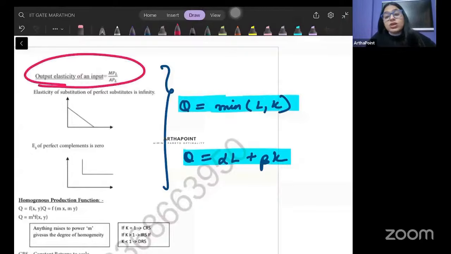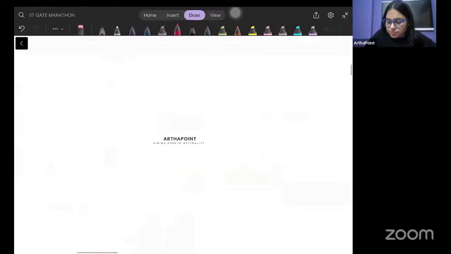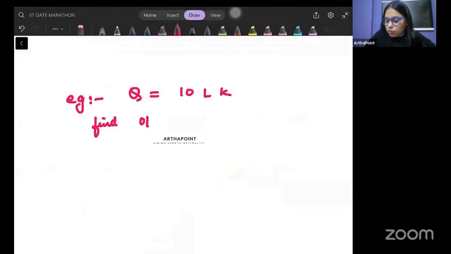Find output elasticity of input. Just for example, they give you a function like this: Q is equal to 10 LK. They're asking you to find the output elasticity of labor.